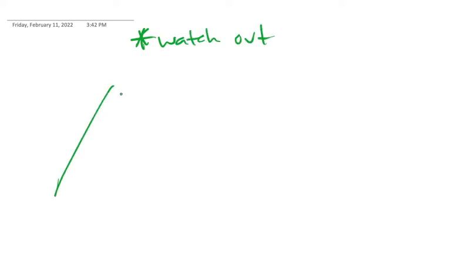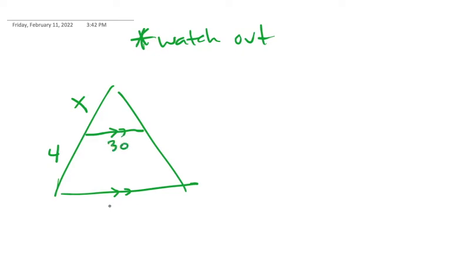If you have a triangle like this, and the lines are parallel, you might have x and 4, and 30 and 50. Some students are tempted to set this up. X over 4 equals 30 over 50.